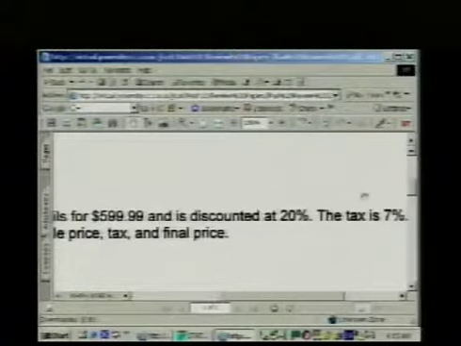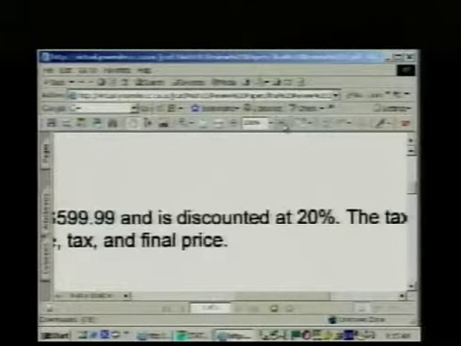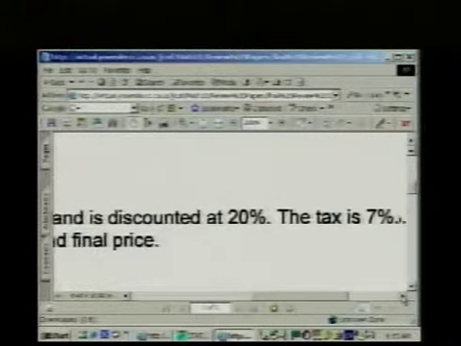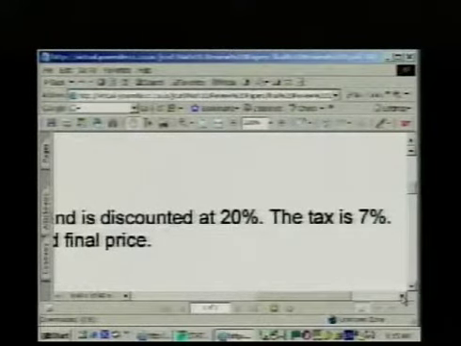And there we can see the sales tax at 7%. So that's a little bit harder to read, so I'll increase back up. So let me just scroll across a little bit more. So there's our 7%. So remember, it's $599.99, discounted at 20%, 7% tax.